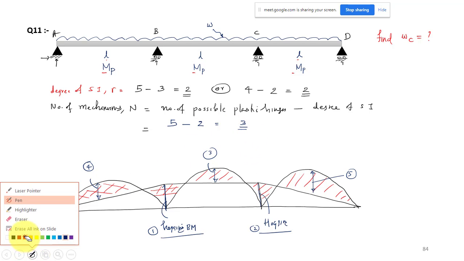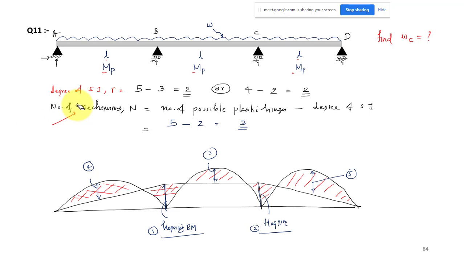This is actually the number of independent mechanisms. If you have a three span continuous beam, there can be failure in the span AB, and the next possibility is failure in the span BC, so we have to consider a beam mechanism in the span BC.